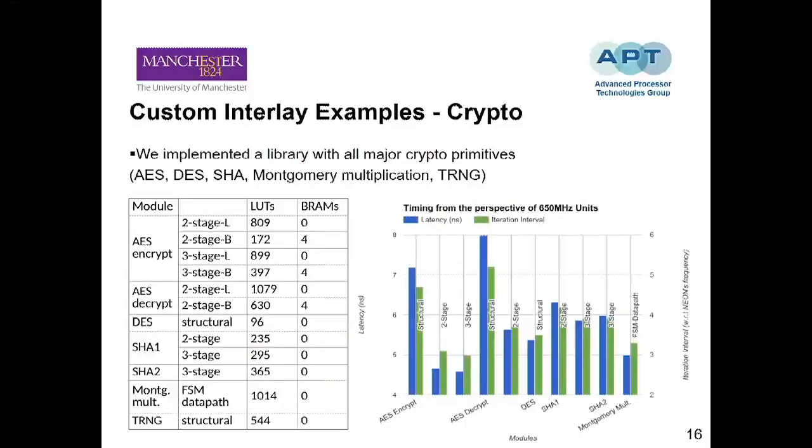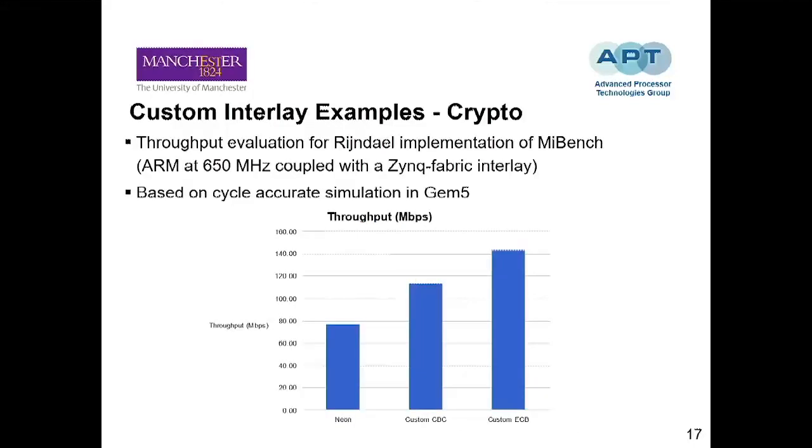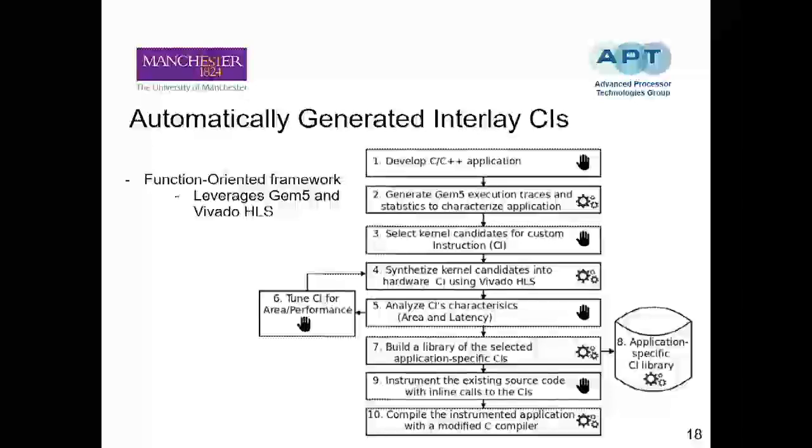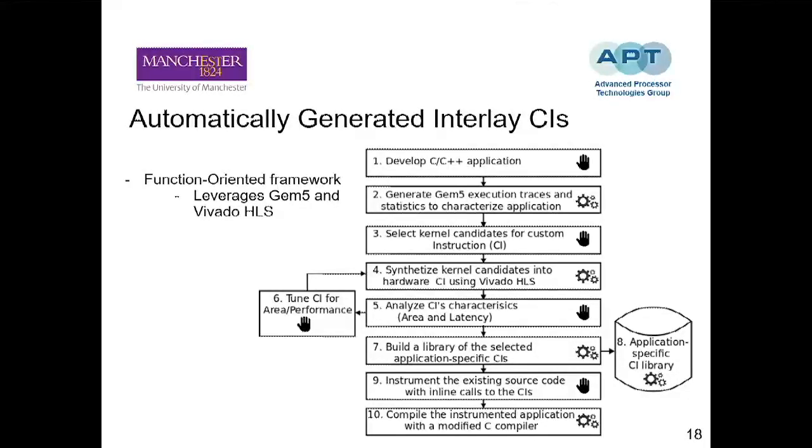Also encryption. We analyzed encryption instructions, and we saw that for some of the cases that we analyzed, we have better throughput for some security primitives. And for completeness, we built a framework to automatically generate custom instructions.